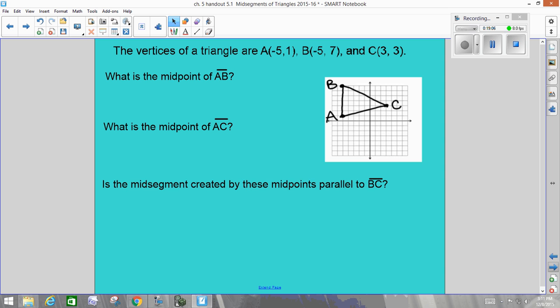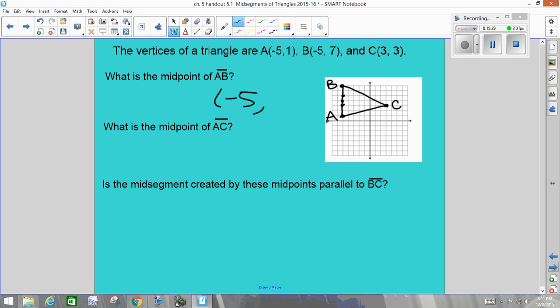Well, we know it's got to be at -5, right? Because that's what the x value is, and it's not changing. You want to go -5, 5? Here's -5, 3. 5, 4.